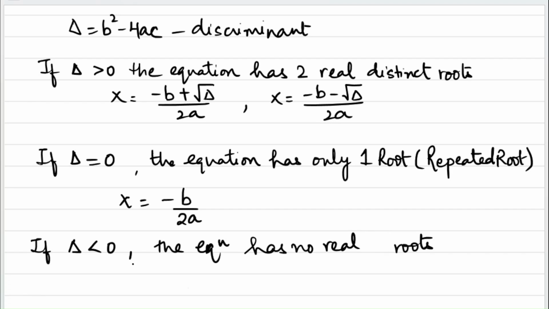Because if delta is less than 0, then in my quadratic formula, suppose delta comes out to be minus 7, so it will be square root of minus 7 over 2a, and the square root of a negative number does not exist in the system of real numbers. So if delta is less than 0, the equation has no real roots.